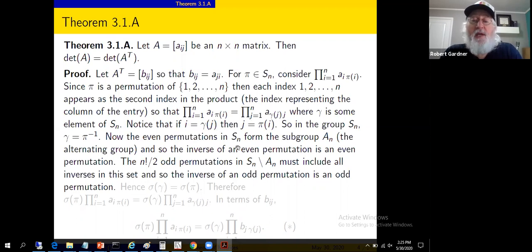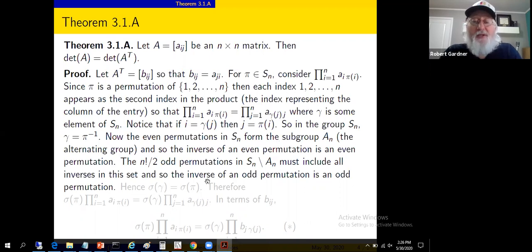The even permutations in S sub n form a subgroup, A sub n, the alternating group. So the inverse of every even permutation is an even permutation. Even permutations form a group, so inverses of those permutations are in that group, and so inverses of even permutations are even.